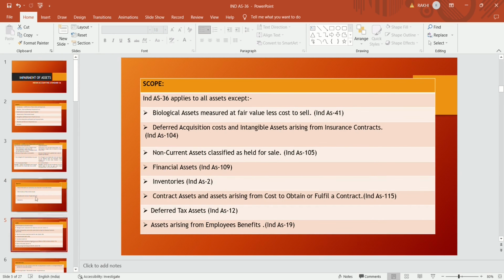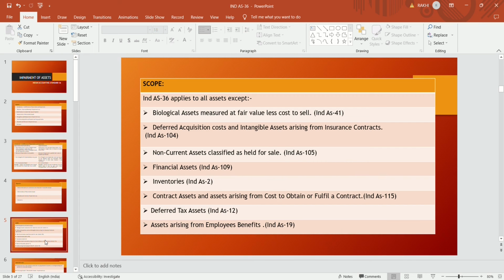Now comes the scope: in which assets the impairment testing is to be done and in which assets it is out of scope. Ind AS 36, impairment of assets, applies to all assets, except some negative lists, except biological assets measured at fair value less cost to sell.